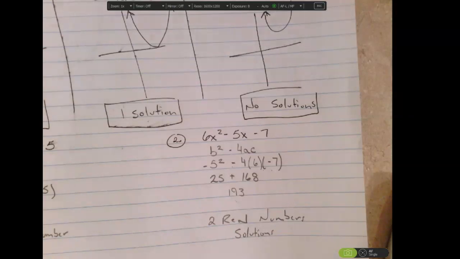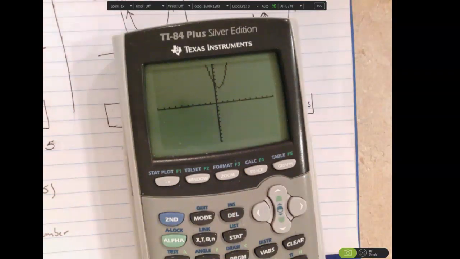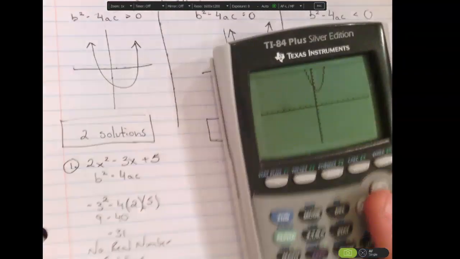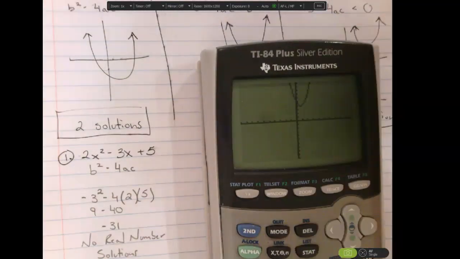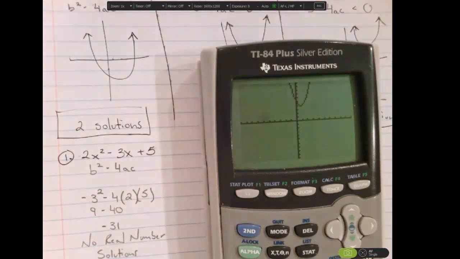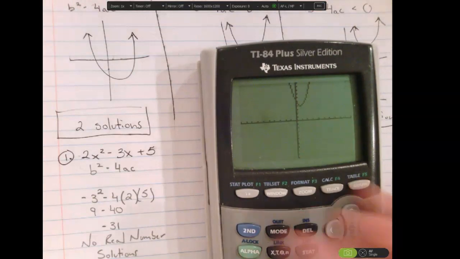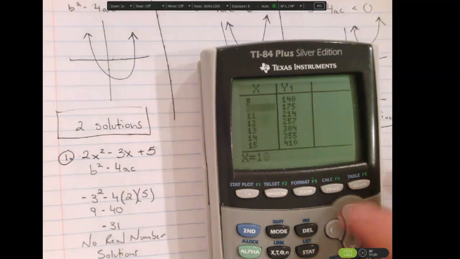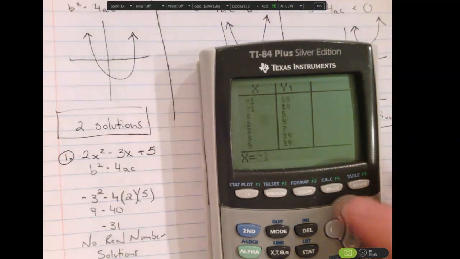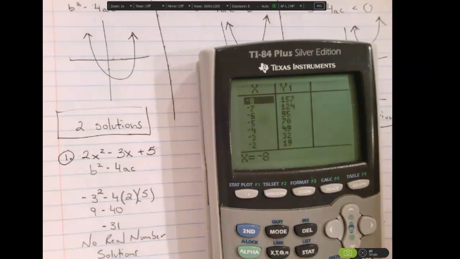All right. Last little piece of information I did want to add. If you were to graph these last 2 questions, the graph you're looking at right here is the same problem we just looked at with number 1, where there was no real solutions, and you can visually see how this one does not touch the x-axis at all. If you go into your y equals, you can go through every single list of these ordered pairs, and you can notice that y never is equal to 0.